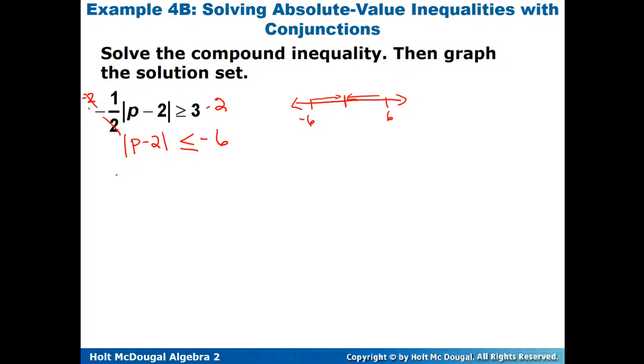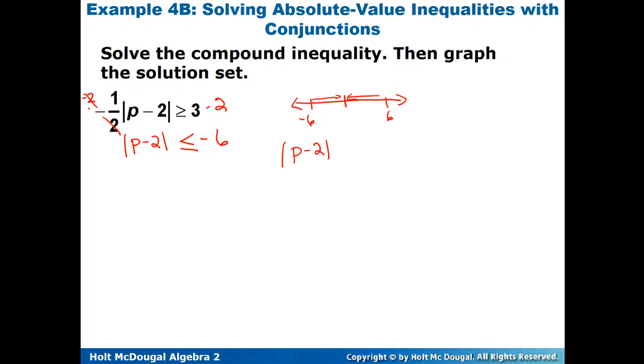Or let's write our second equation. So we already have p minus 2 is going to be less than or equal to negative 6. So that distance, not the number. And then the other one is going to be p minus 2 is going to be greater than the distance.